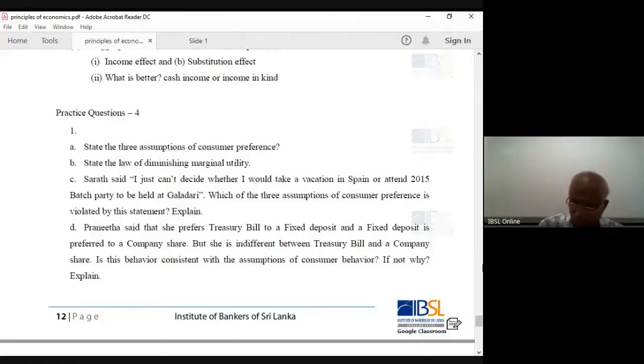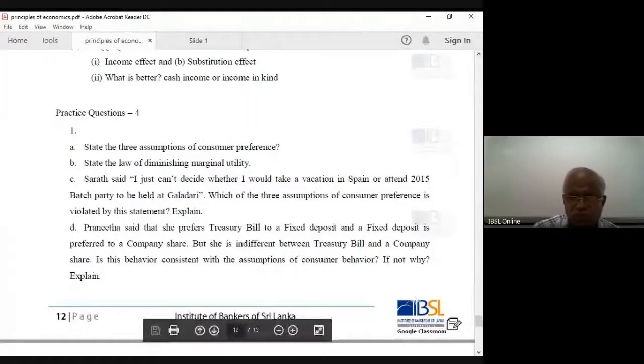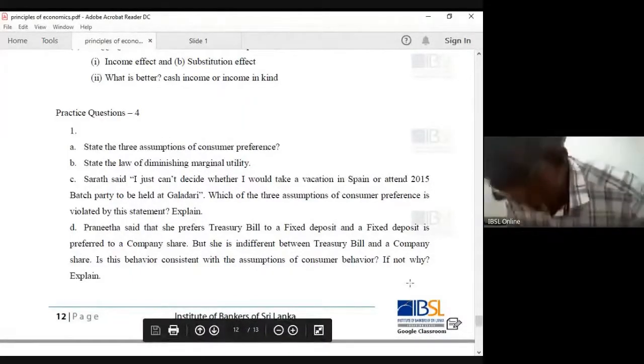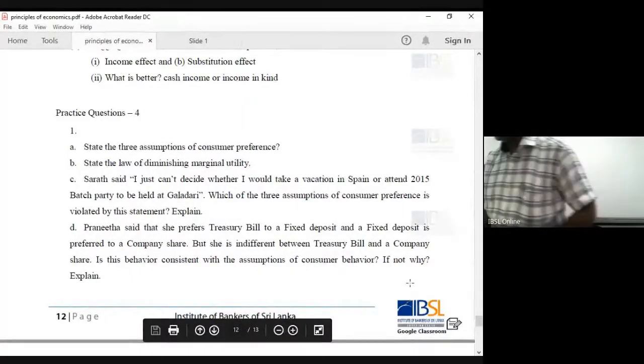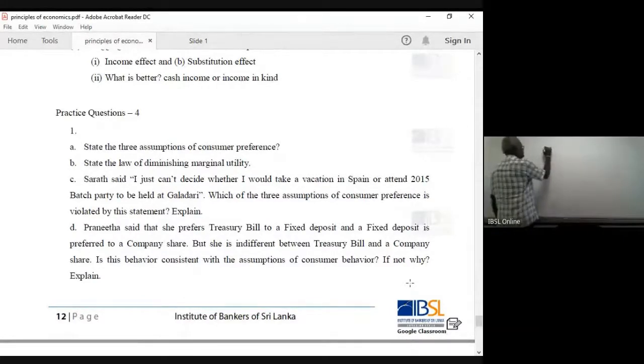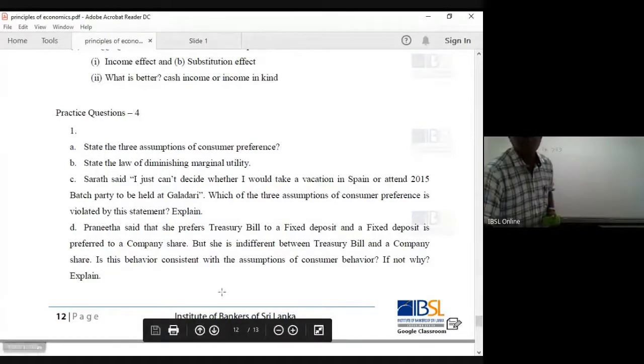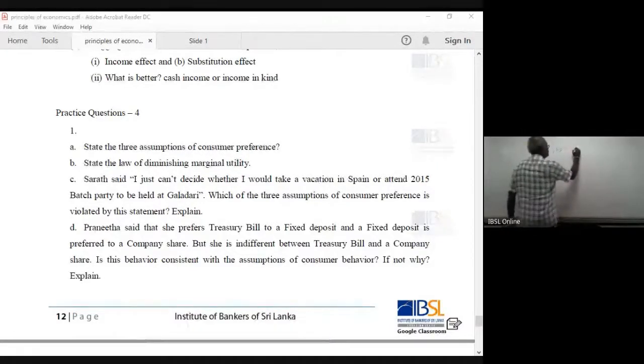Let's write down now. Treasury bills, fixed deposit. Fixed deposit is preferred to company share. Pranita says treasury bills is preferred to fixed deposit.